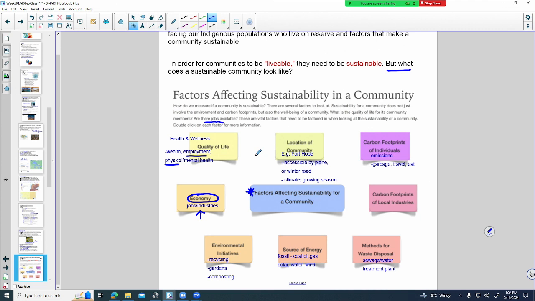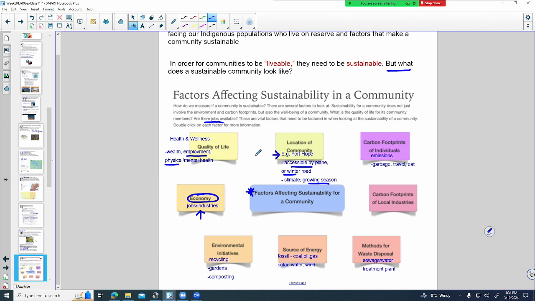The location of the community. So for example, let's say the community is Fort Hope. That location is accessible by plane and or winter road, okay, during the winter. What's the climate like in Fort Hope? How long is the growing season?